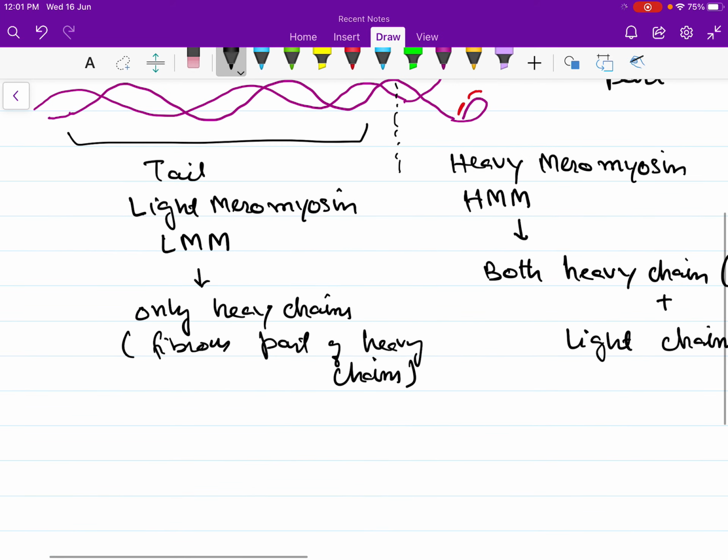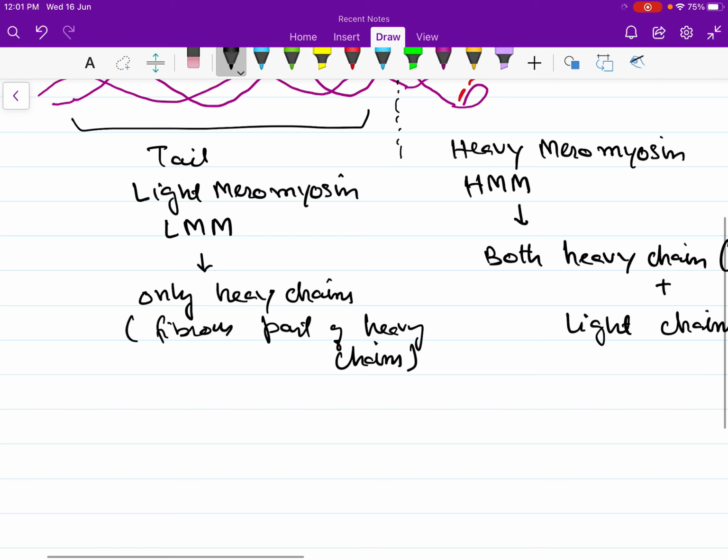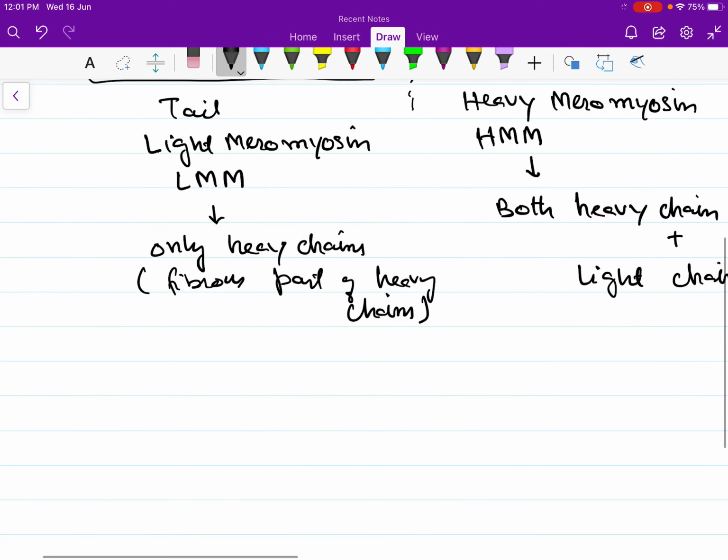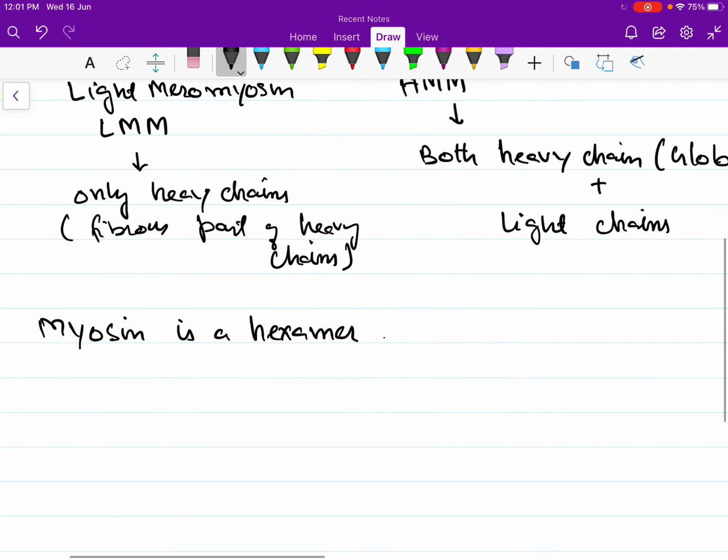Now together, if we take this myosin as a whole, myosin is actually a hexamer. We will say that myosin is a hexamer because it is formed of 6 polypeptide chains.